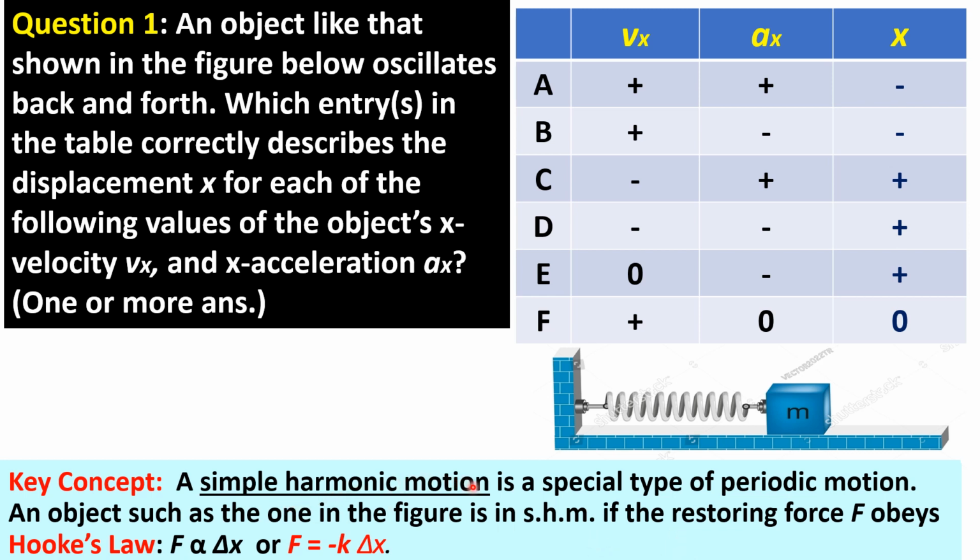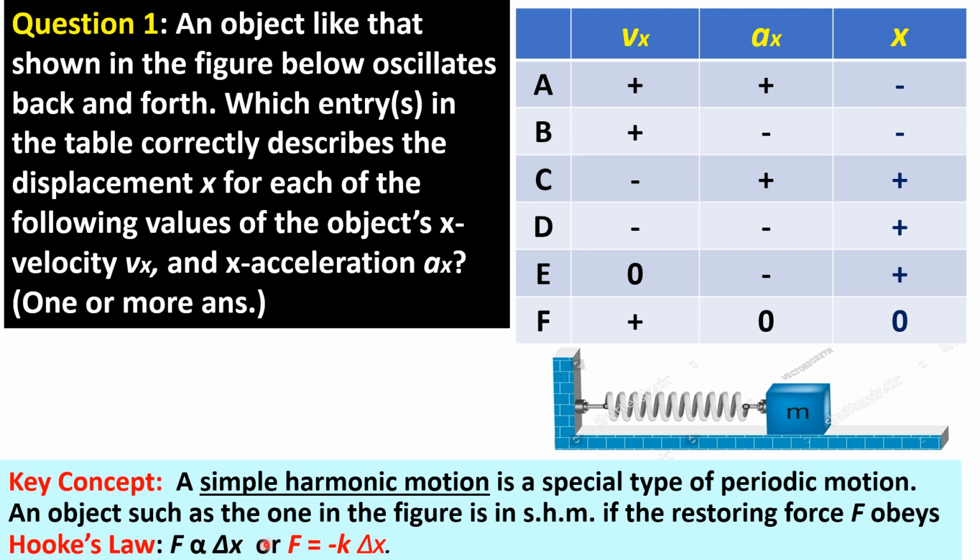So this object can be considered in simple harmonic motion if the restoring force F exerted by the spring will obey what we call Hooke's law. Hooke's law states that the restoring force F is directly proportional to the change in length delta x, sometimes called the elongation of the spring.